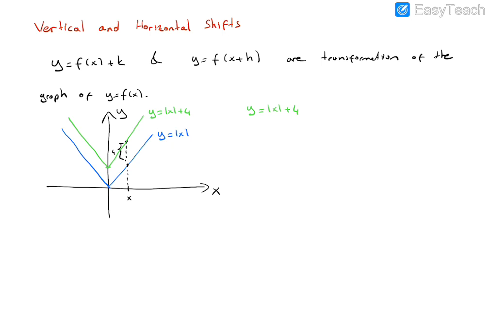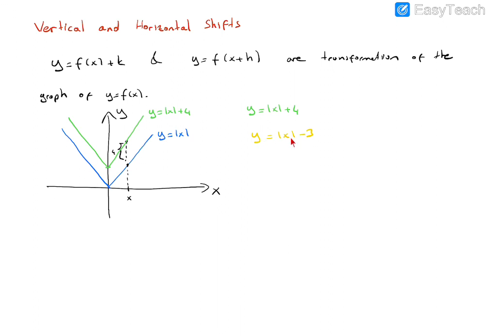Let's consider another graph: y equals absolute value of x minus 3. The graph of y equals absolute value of x minus 3 is the same as the graph of y equals absolute value of x shifted downward 3 units, because we subtract 3 from the absolute value of x.